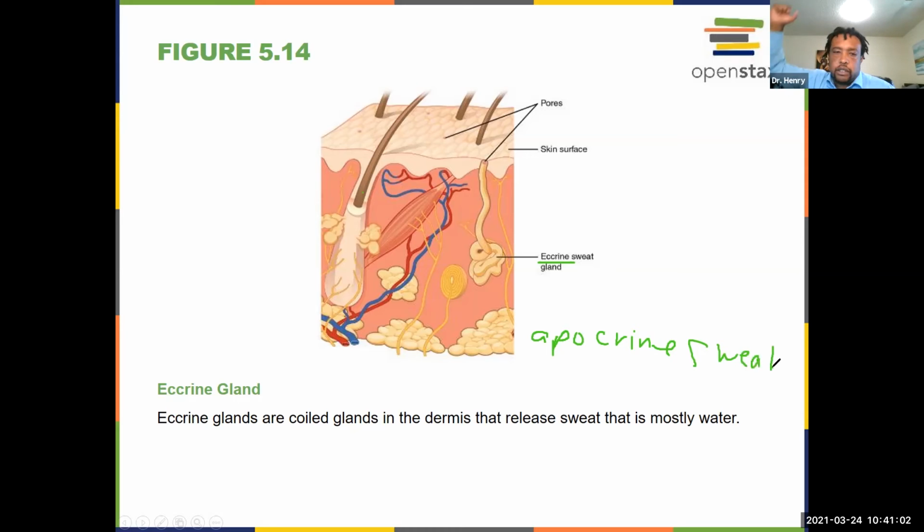Like sweat in your armpits. You guys ever see my shirts? It's always wet, right? The sweat in your armpits comes from these glands because they're associated with hair. Any area where you're going to have hair, you're going to have these glands, and everywhere else you're going to have the eccrine glands. Those are like general cooling.